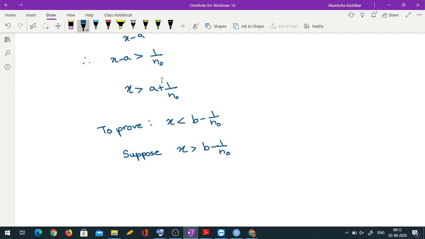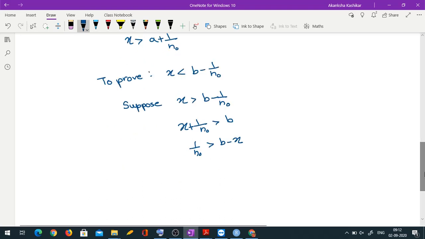It would mean that x plus 1 by n naught is greater than B. It would also mean 1 by n naught is greater than B minus x.